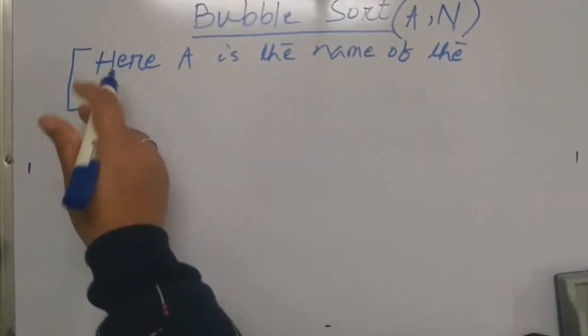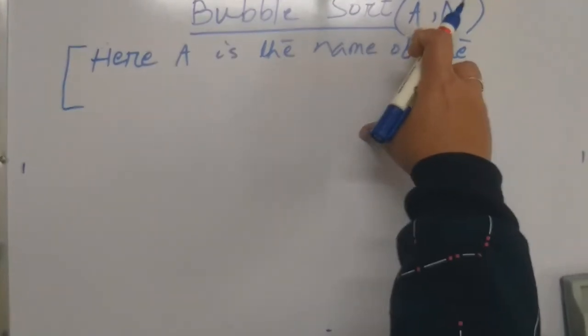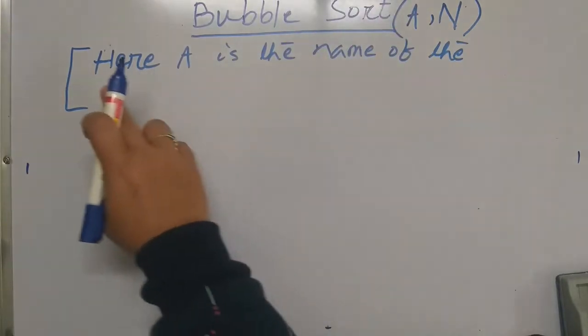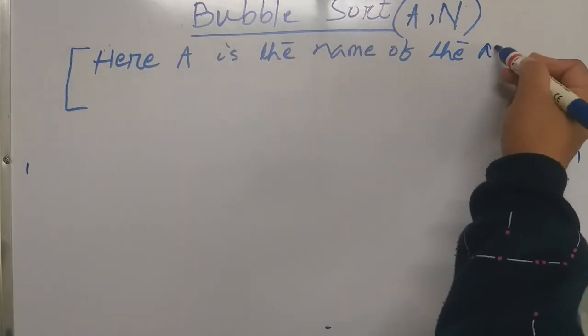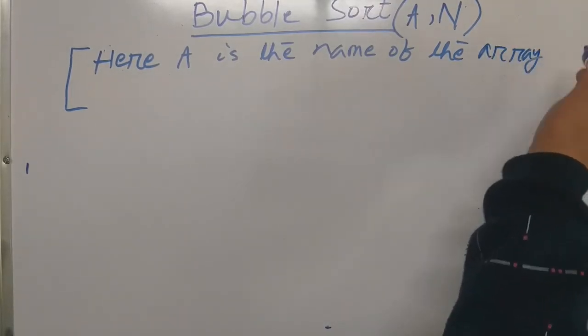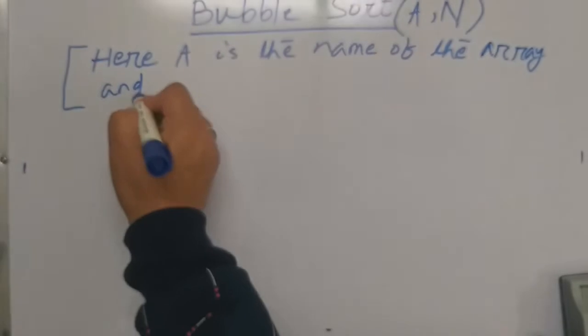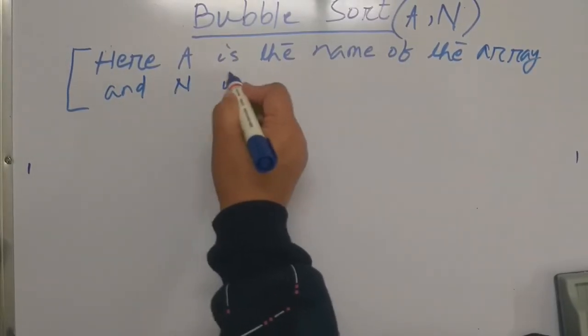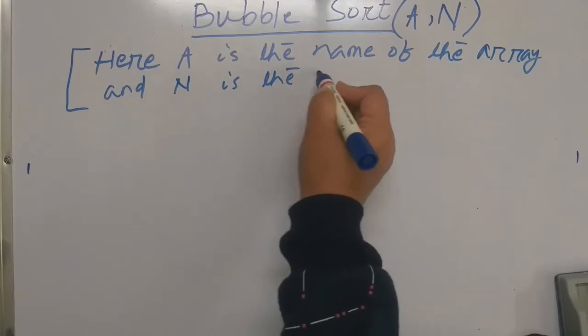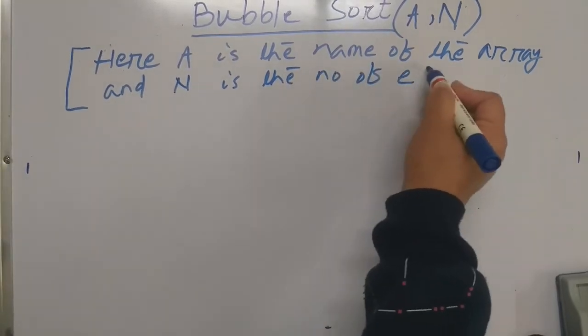You first explain what are the different values we are using. Okay, so we explain all these things above within a square bracket. Here A is the name of the array and n is the number of elements.